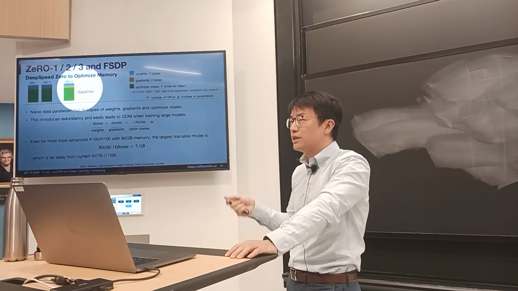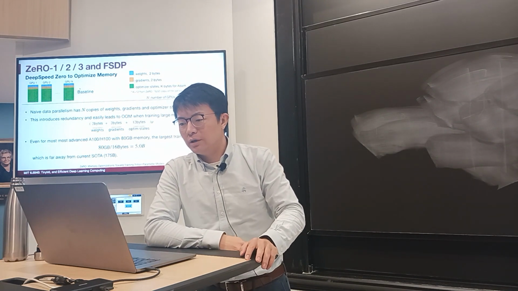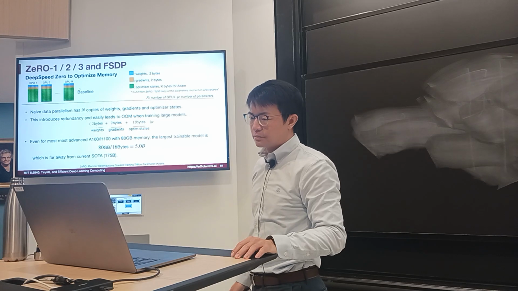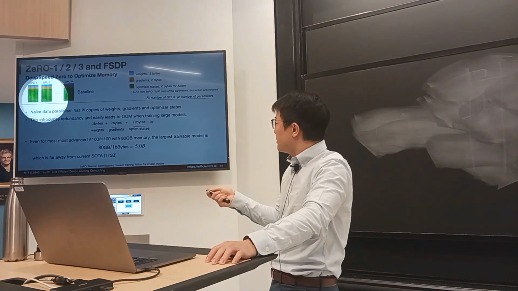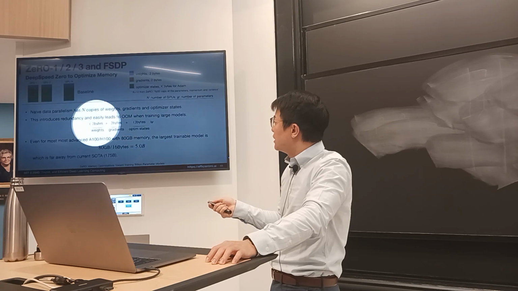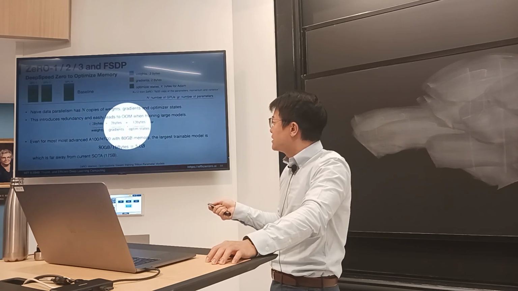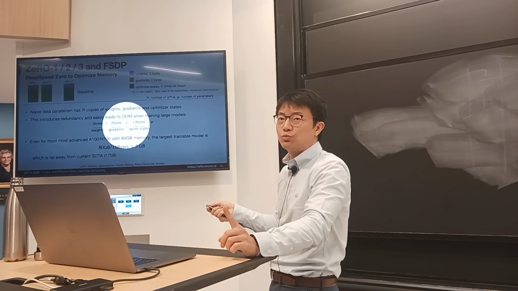So the optimizer state actually occupies a pretty large portion of the total memory. So this is the total sum, summing up the weight, the gradient, and the optimizer state. Altogether, we need 16 bytes to train each parameter.